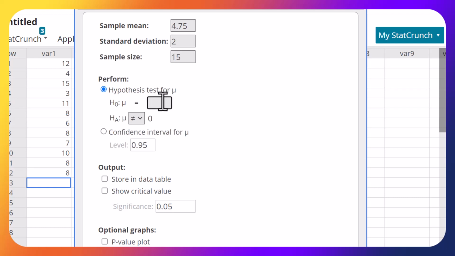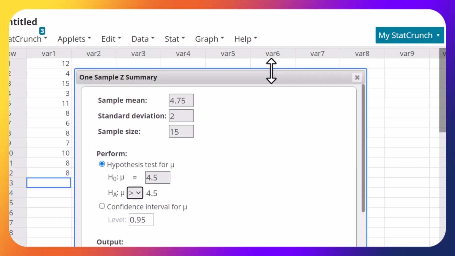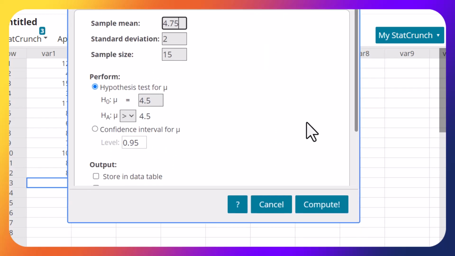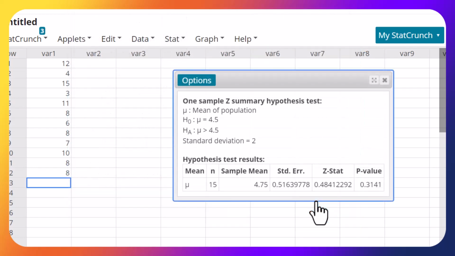We're testing against 4.5, and we want to test if the mean is bigger. And just hit compute. And look, same thing, p-value is 0.3141, bigger than alpha. We fail to reject the null hypothesis, and conclusion, there is not enough evidence to support the claim.